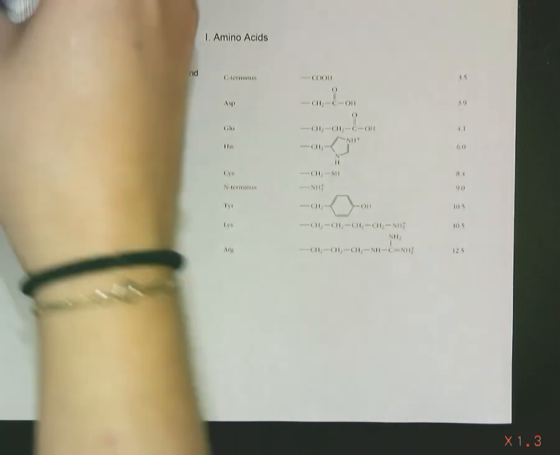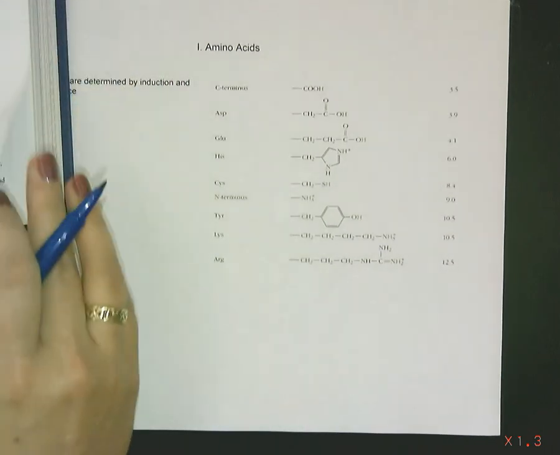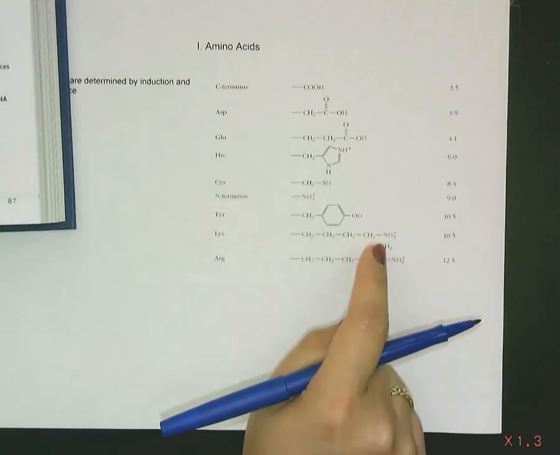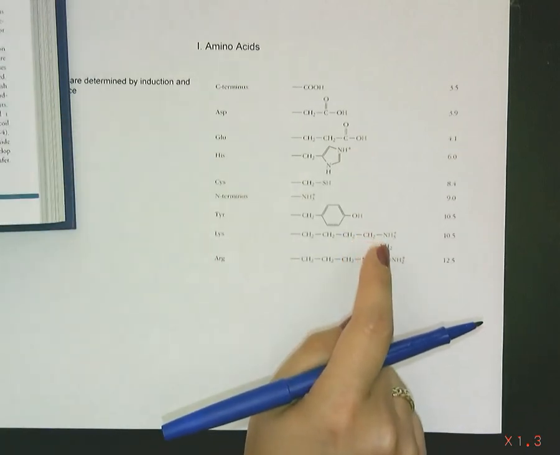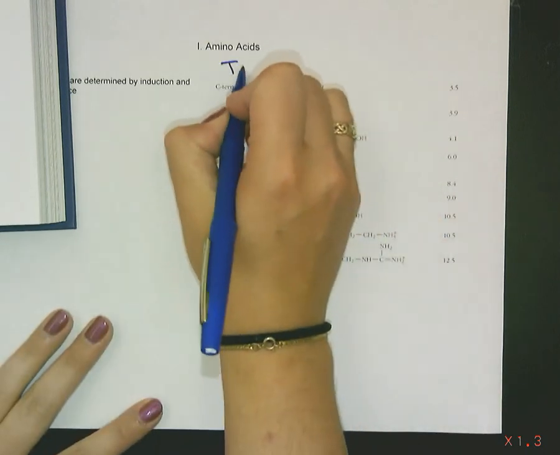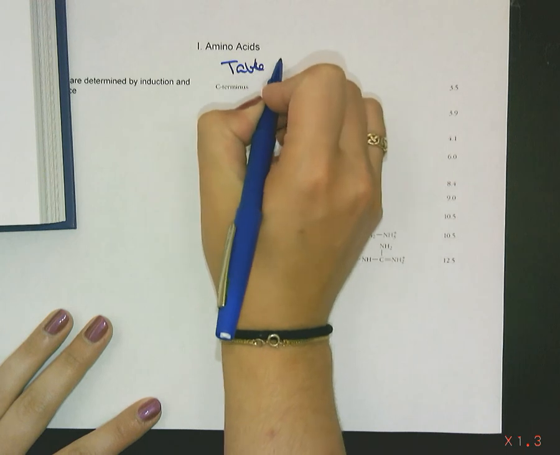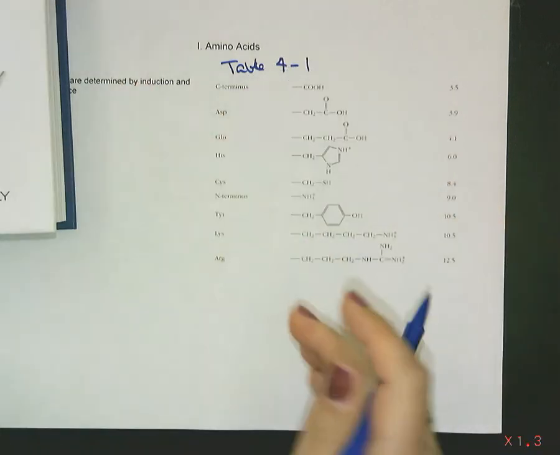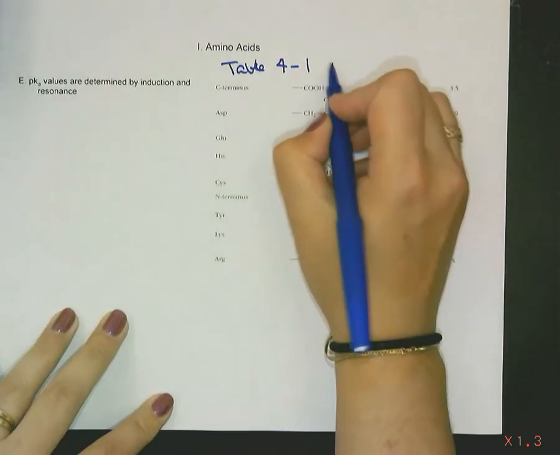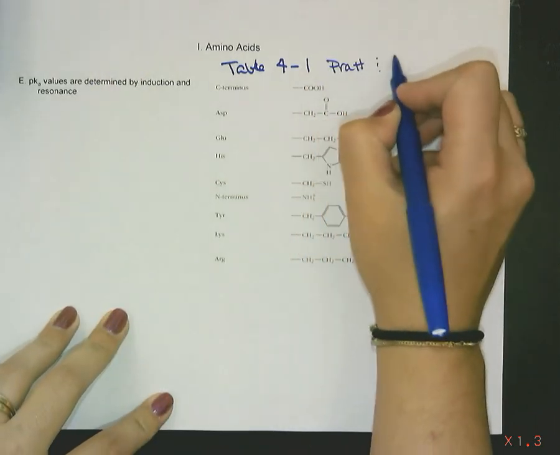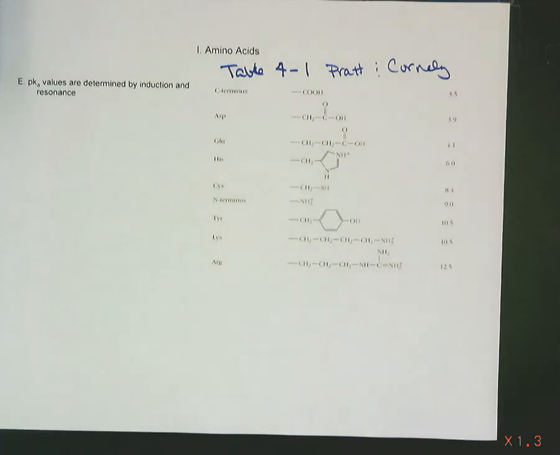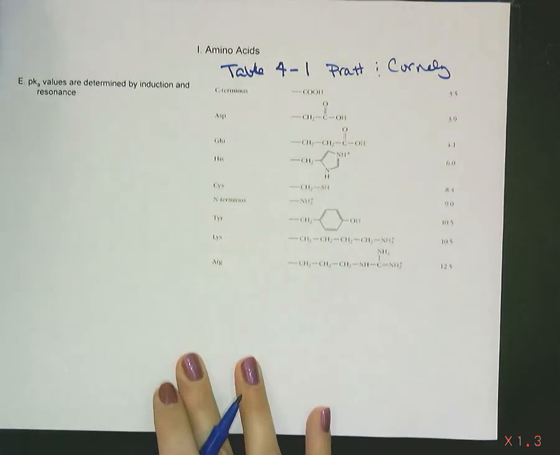You'll need this table to do the homework due in 2 weeks. So that's your table 1-4 from your Pratt and Cornely textbook.